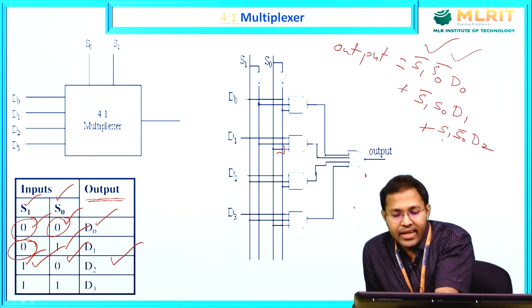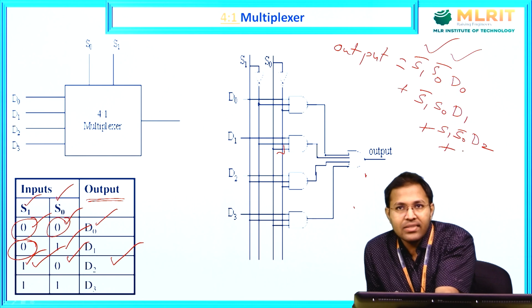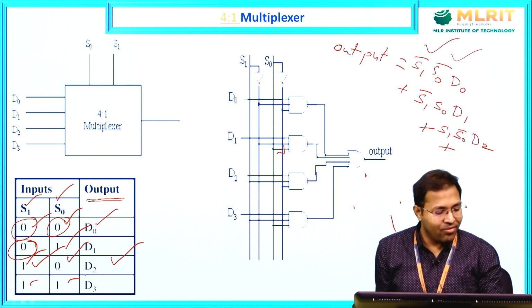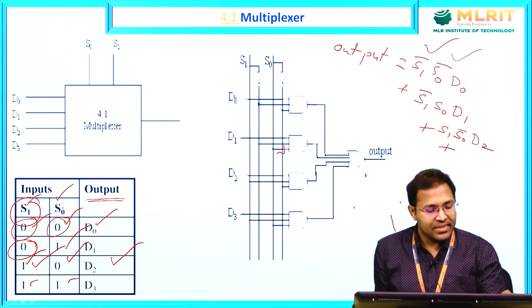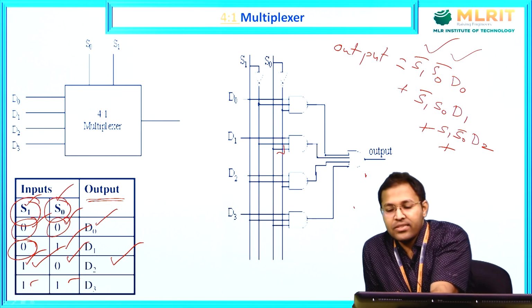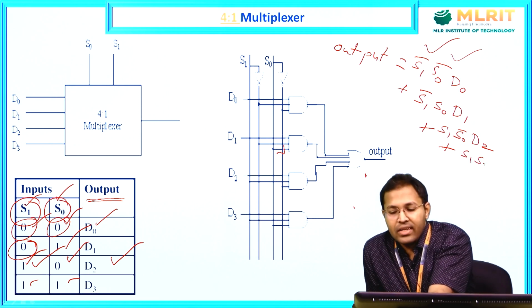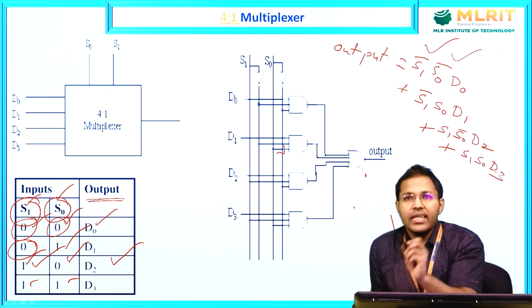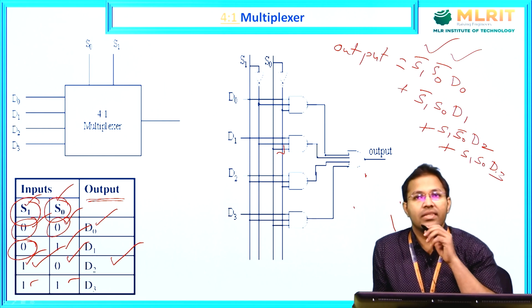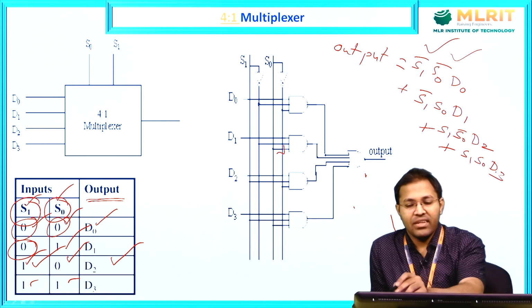The last one will be 1 1 D3, so S1 S0 in true form, and then D3. So this is the expression for output.